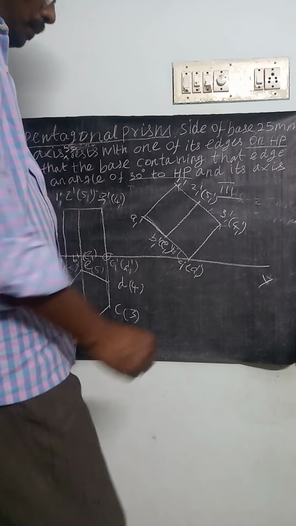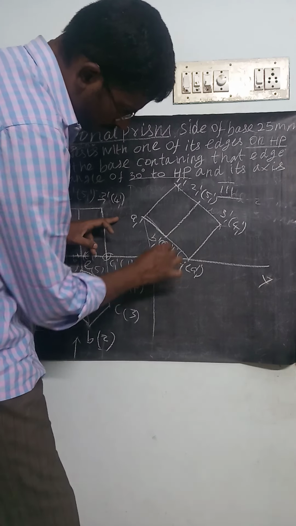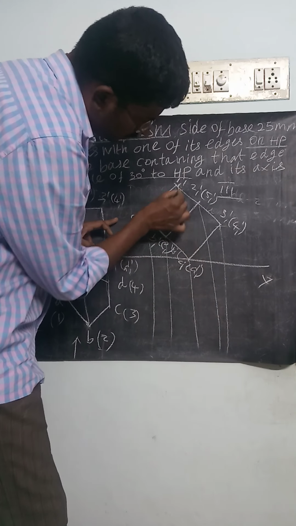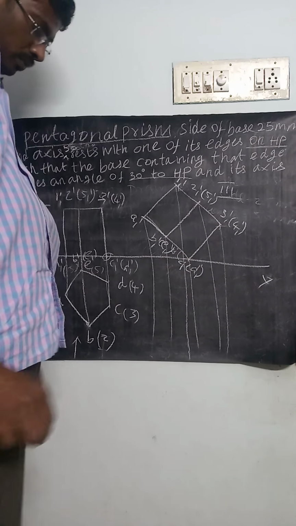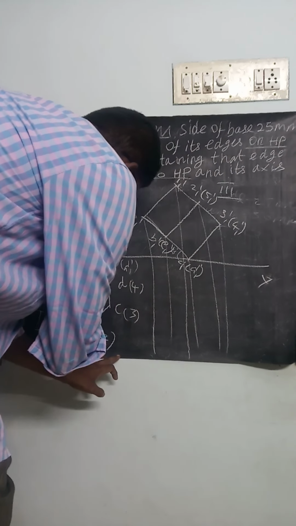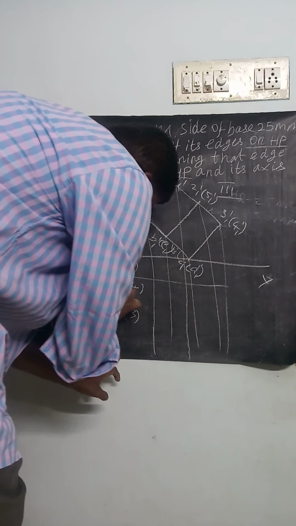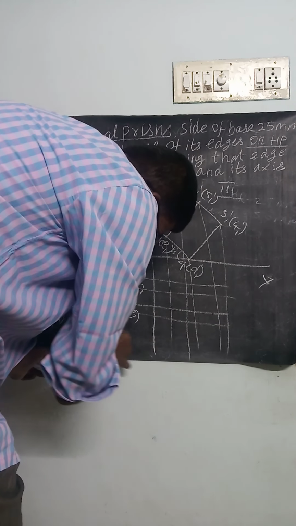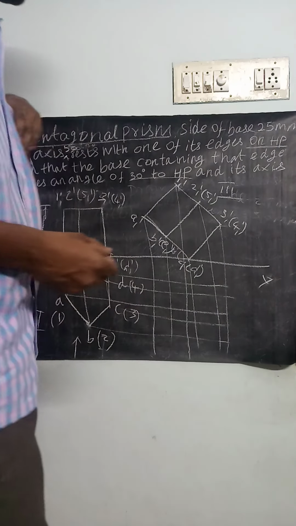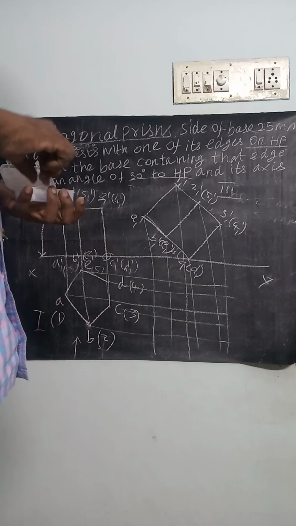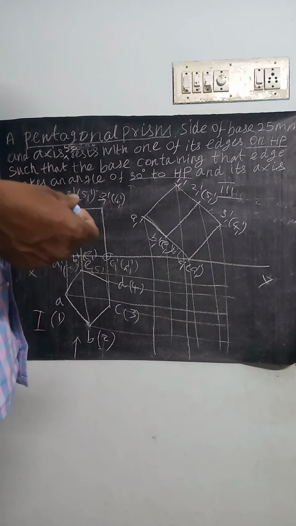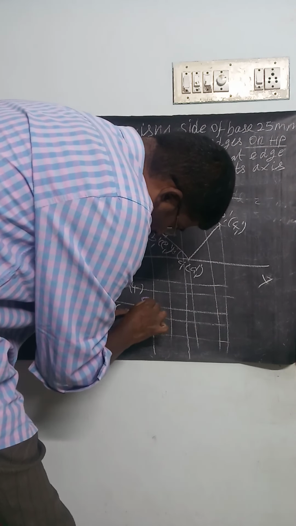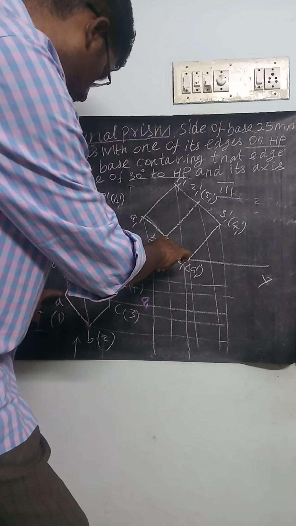Next you project the lines. Next dot the points. What are the points? This one A1, and next point B1.